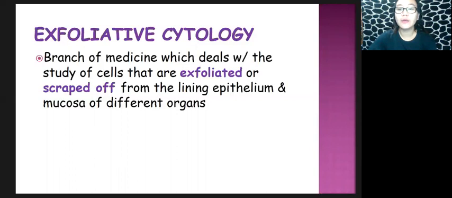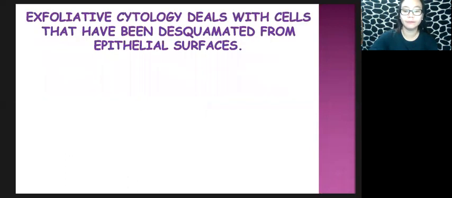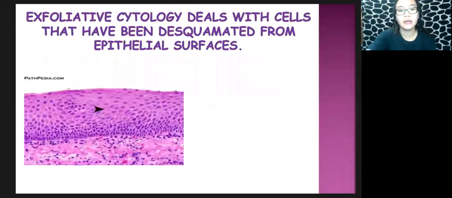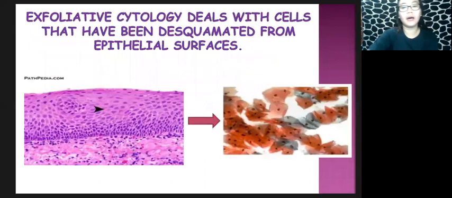So when we say exfoliative cytology, you would be able to see the cells that have been exfoliated or desquamated from your epithelial cells. For example, we have here an epithelial lining, and of course the cells which are part of your epithelial lining will be desquamated or exfoliated.